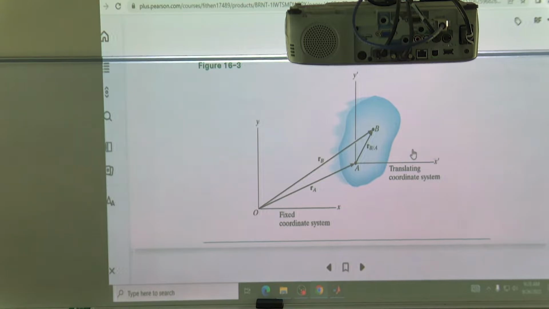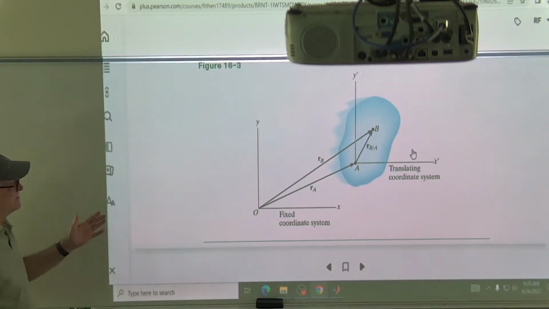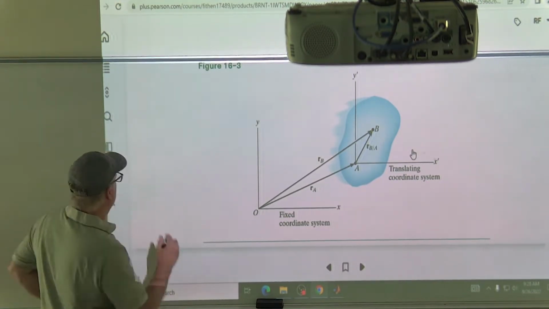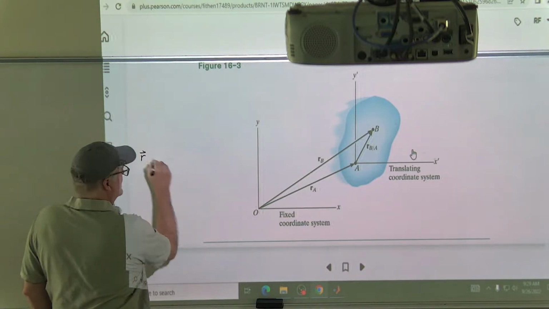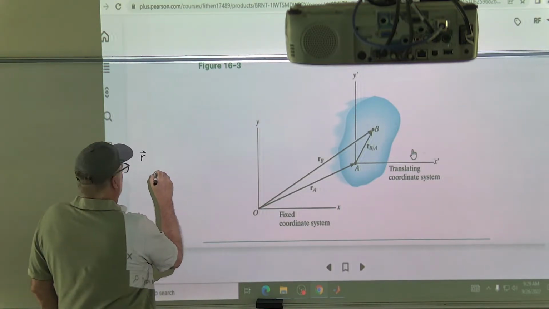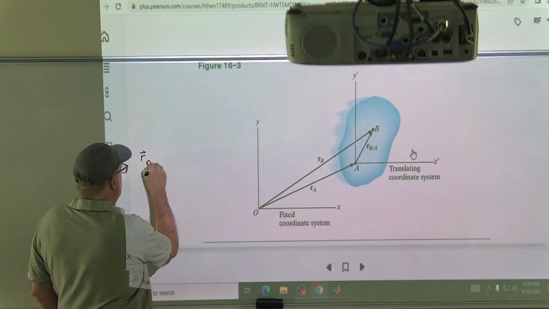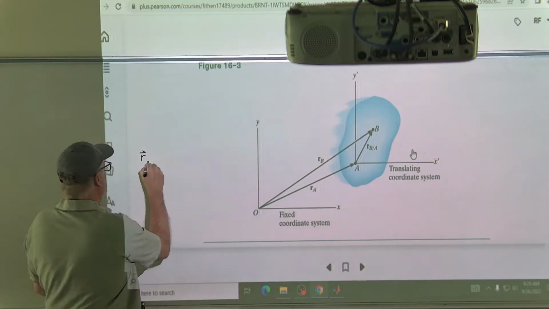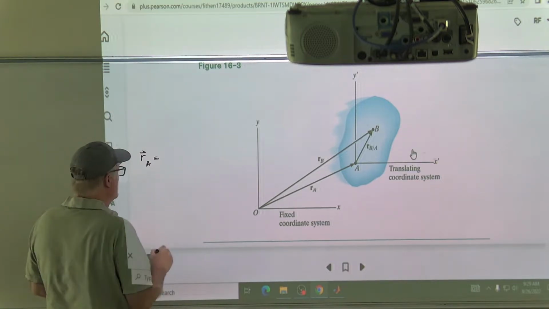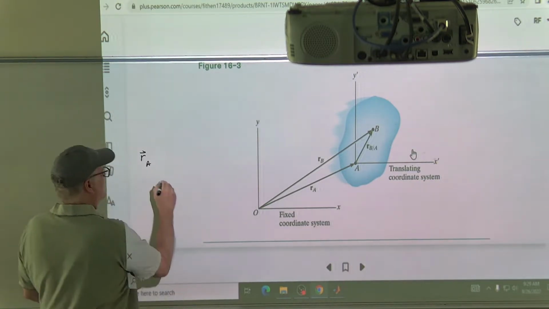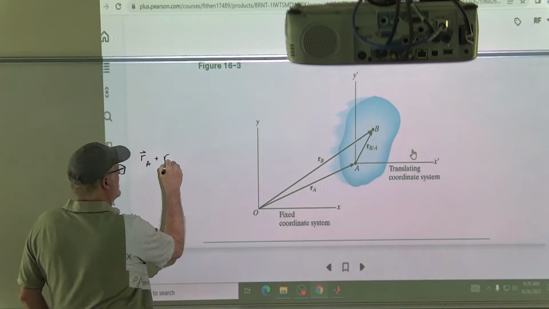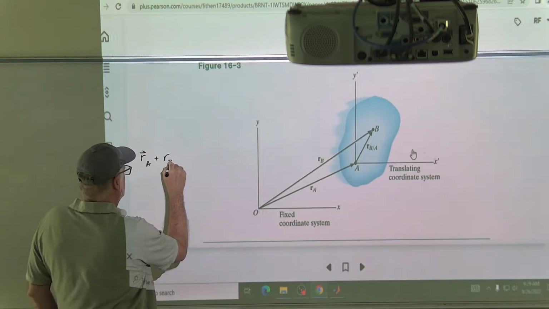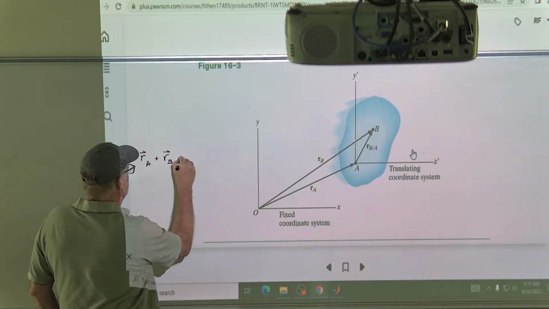So this is going back to the last part of chapter 12, in which we wrote, in this case, R_A is equal to R_A plus, BA equal R_B.